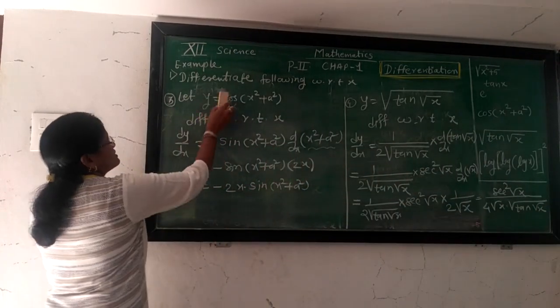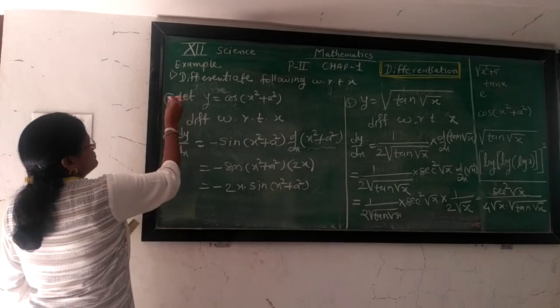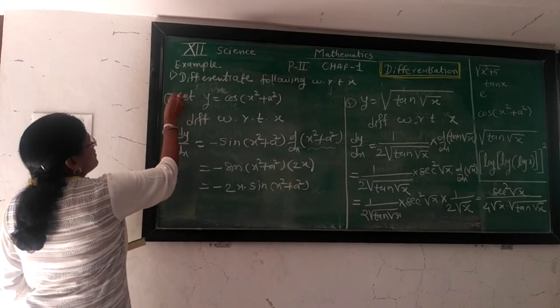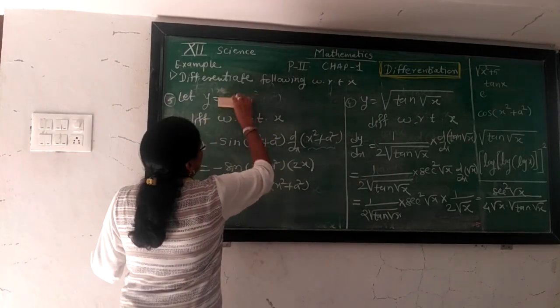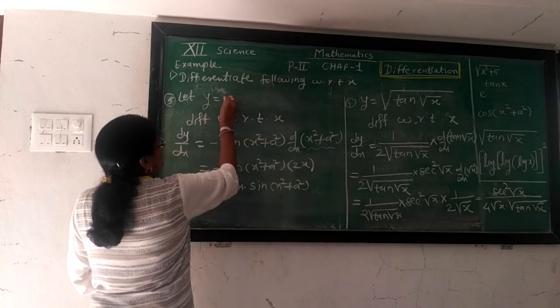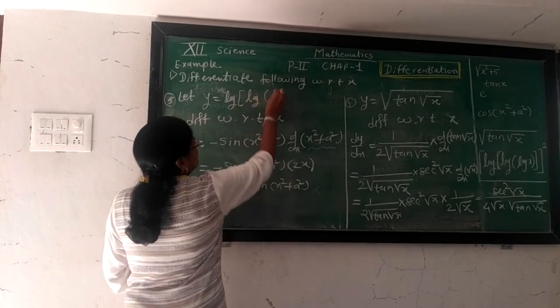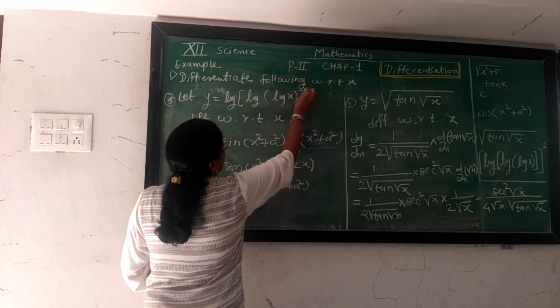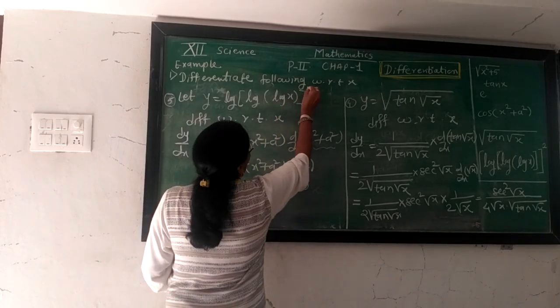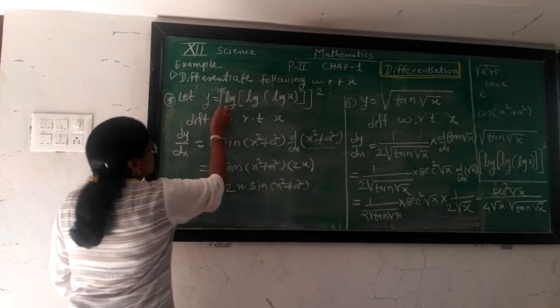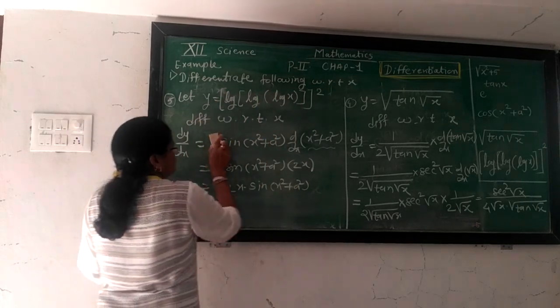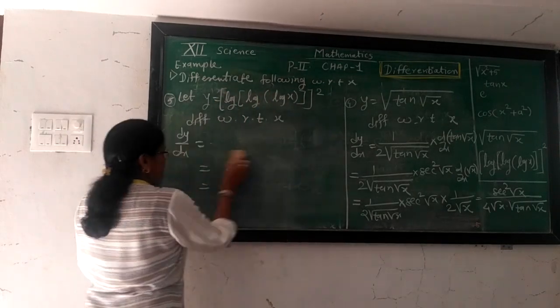And now the last example. For the last example, we take the function log x, and the whole bracket is to the power 2. So again, my direct method works very easily.